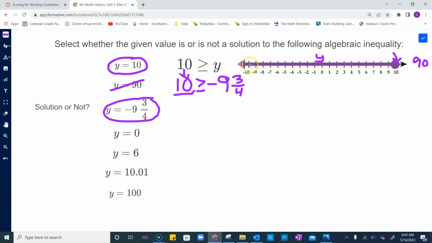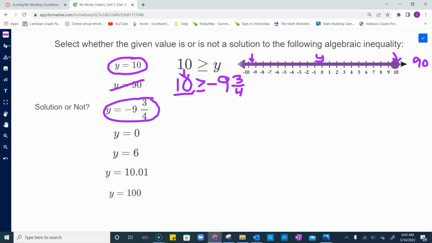If we go to the number line, negative 9 3/4 falls between negative 9 and negative 10, right about there. And that number is to the left of our endpoint like it's supposed to be because 10 is bigger than it. So that means this number falls in that proper side of 10.